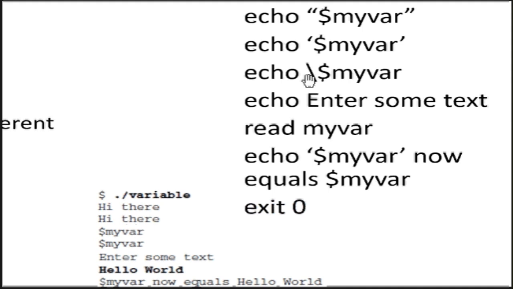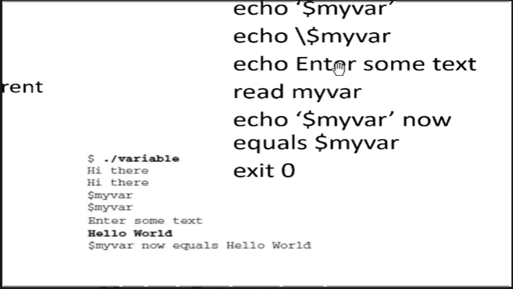And the $ symbol has a special meaning. That special meaning has to be removed with a backslash prefixed to $myvar. So it will print only $myvar as an output, which is similar to the output displayed with single quote $myvar.